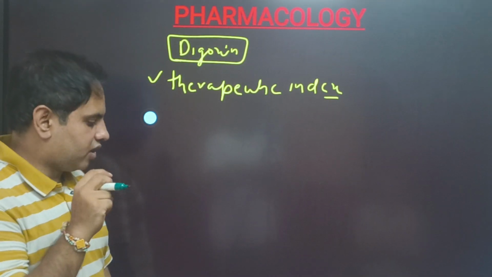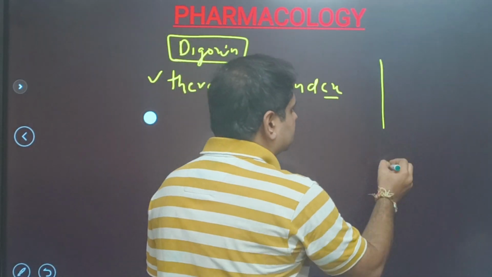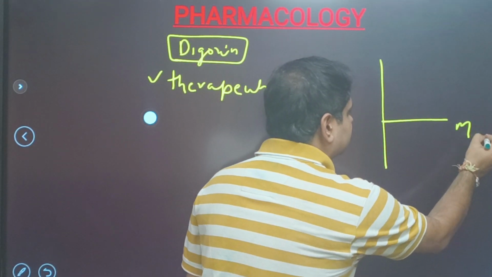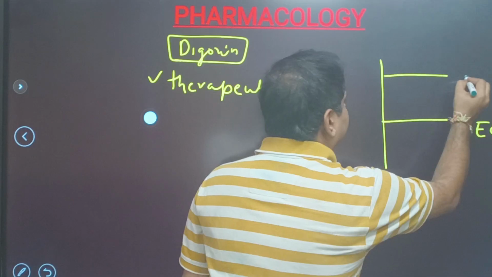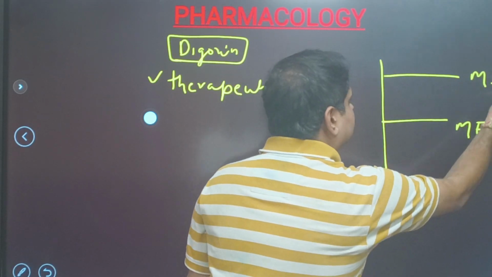Narrow therapeutic index, I already told, for every drug there is a minimum effective concentration and a maximum safe concentration.